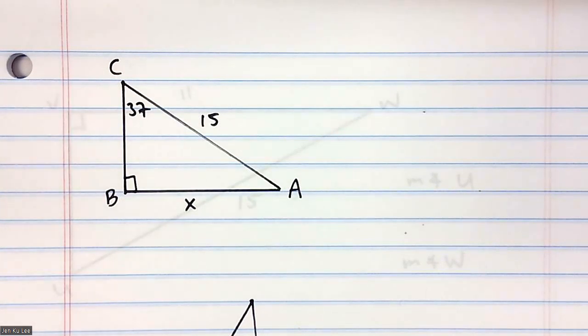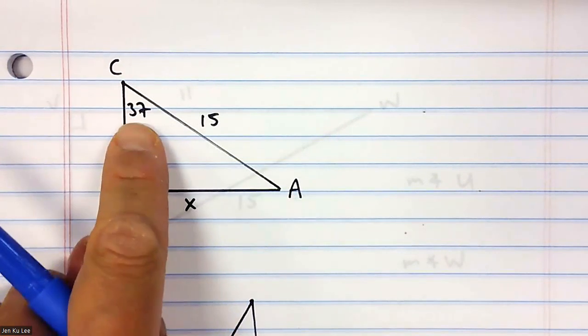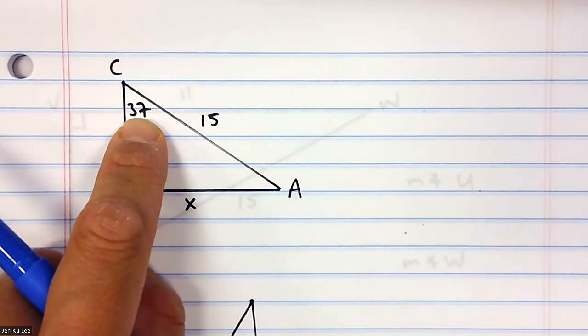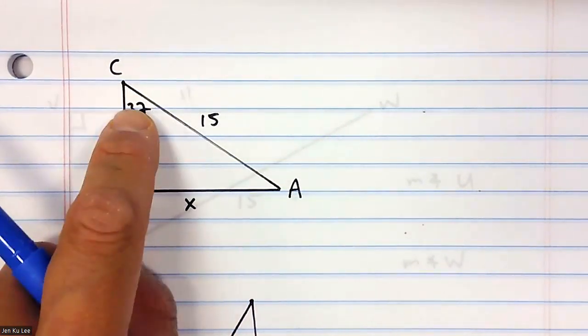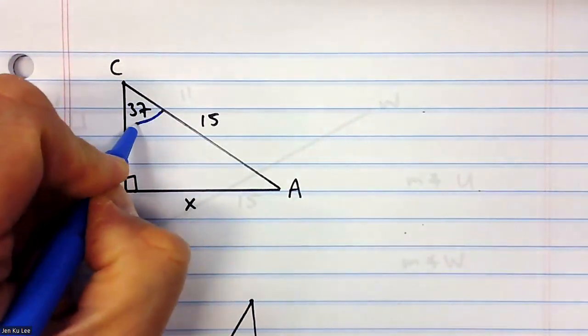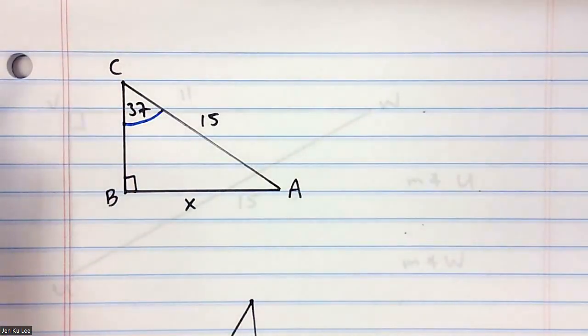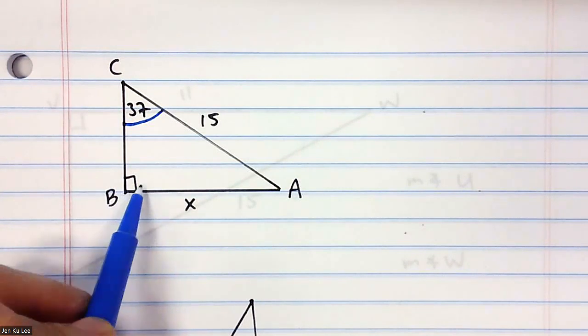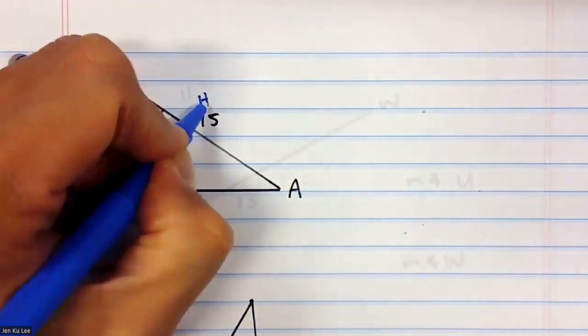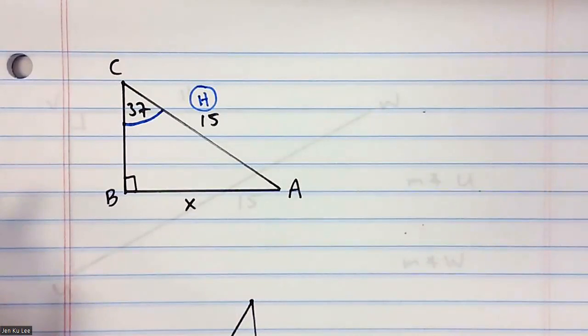But what side do we label, or what angle do we look at it from? They give us an angle. Okay? They give us the angle right here, so use it. If this is the angle that I'm looking at it from, I know opposite my 90-degree angle is my hypotenuse. So this is my hypotenuse, right?